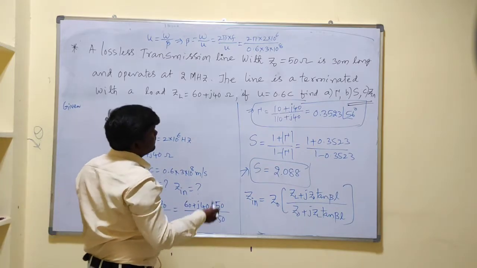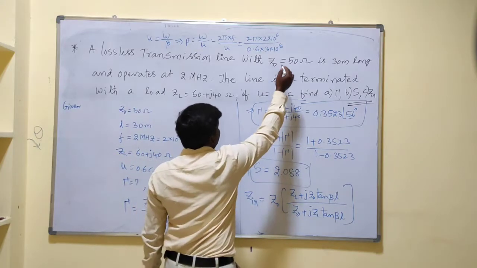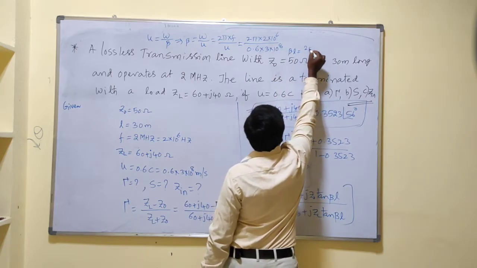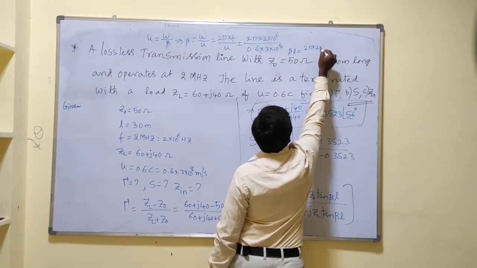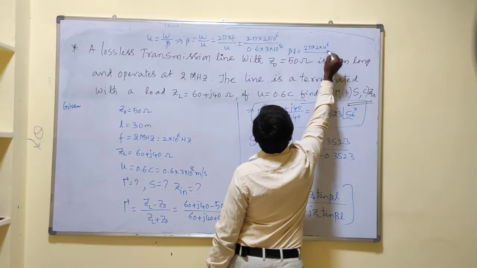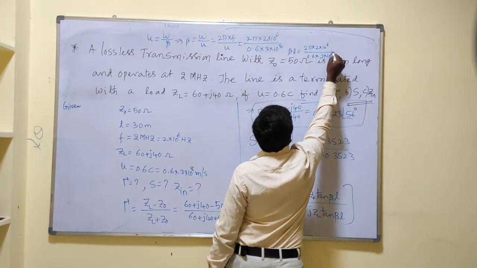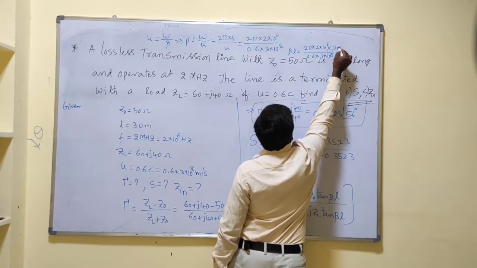Let us go for beta L. Beta L equals 2 pi into 2 into 10 to the power 6 over 0.6 into 3 into 10 to the power 8, into L, which is 30 meters.